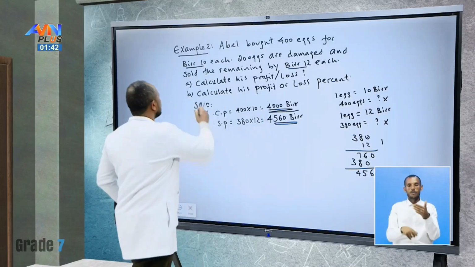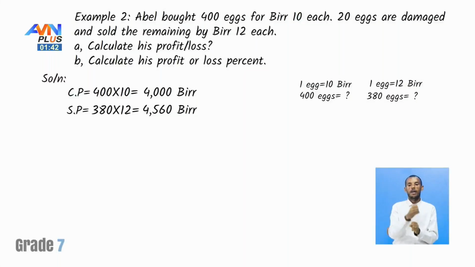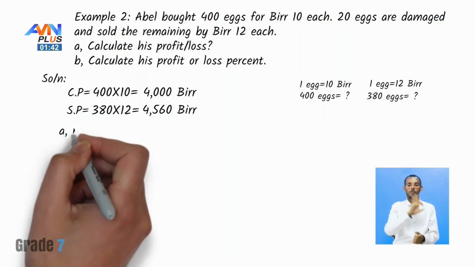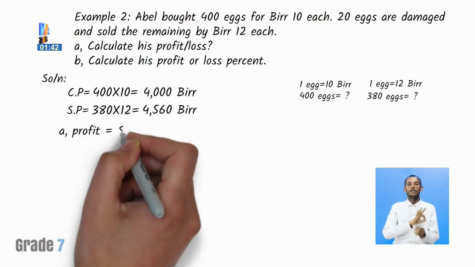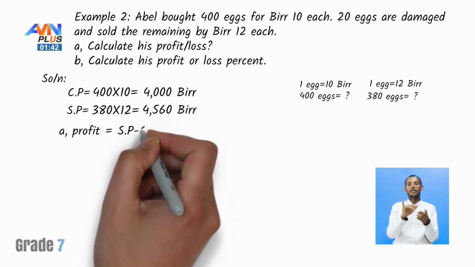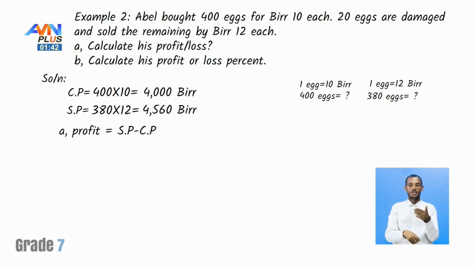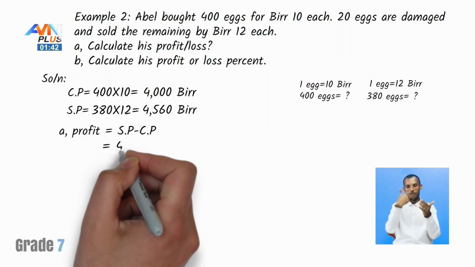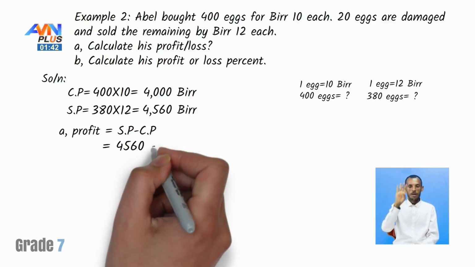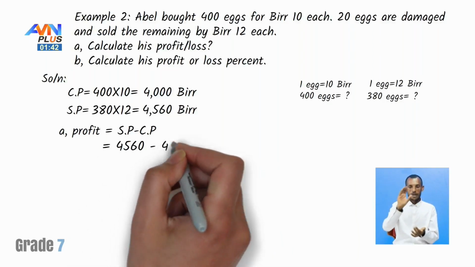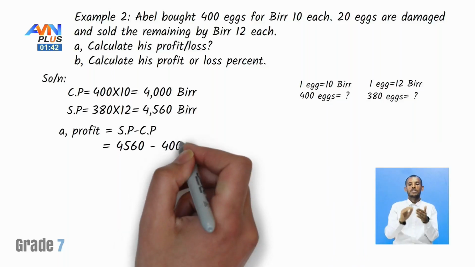So, let's find his profit. Profit is given by selling price minus cost price. Therefore, the selling price is 4,560 minus cost price 4,000.